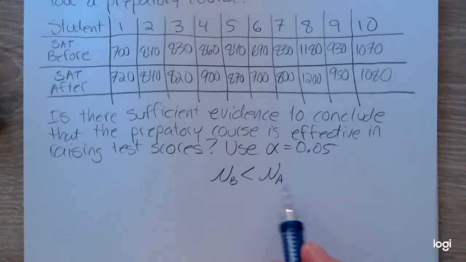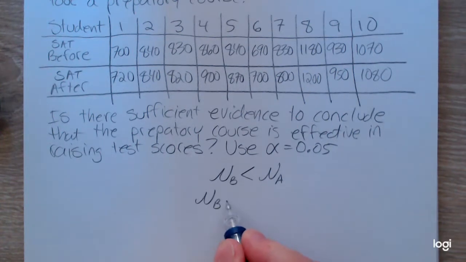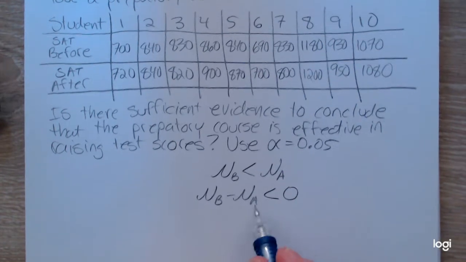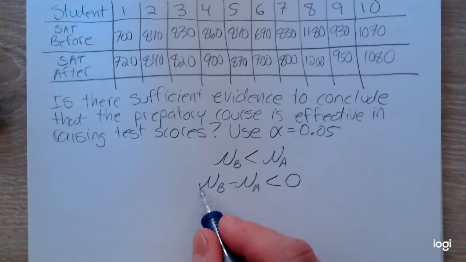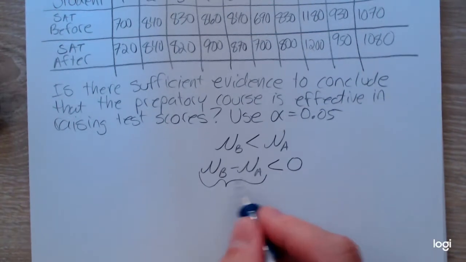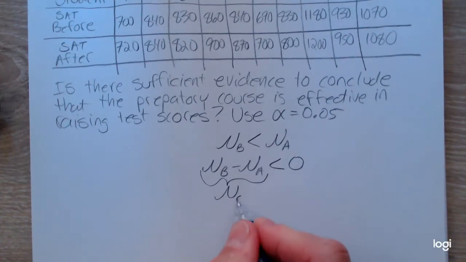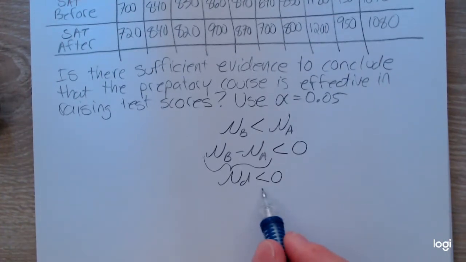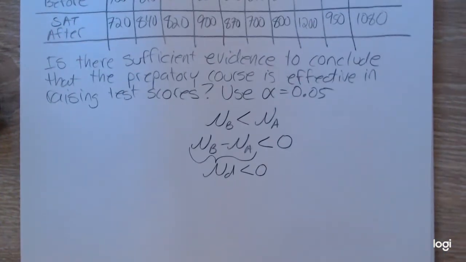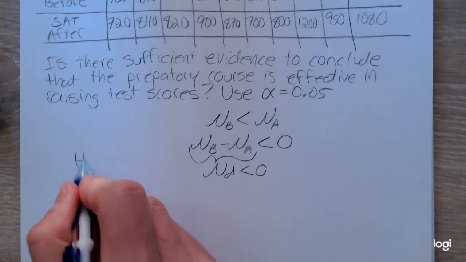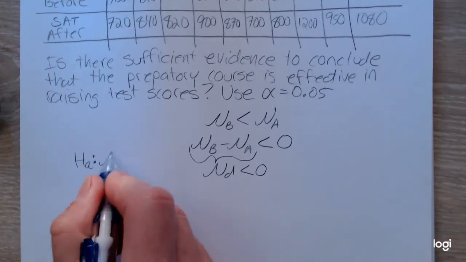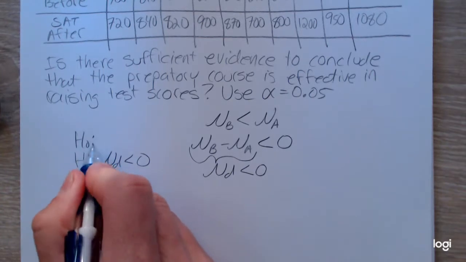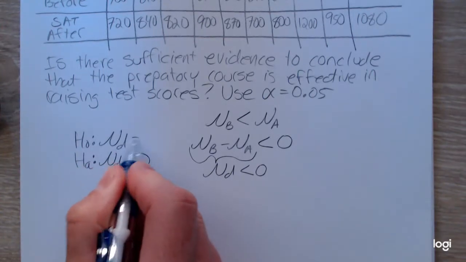So moving mu sub a over to the left side using subtraction, we'll have 0 on the right, and we can rewrite this difference as mu sub d. Because this doesn't contain the case of equality, this will be the alternative. So the alternative is that mu sub d is less than 0, and the null will be mu sub d is equal to 0.